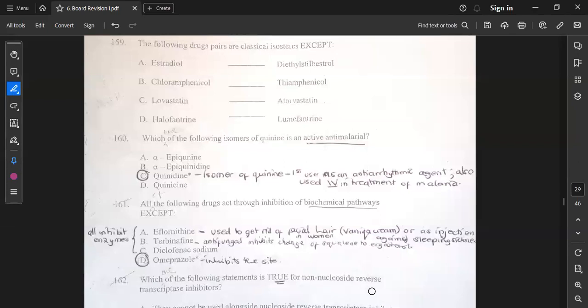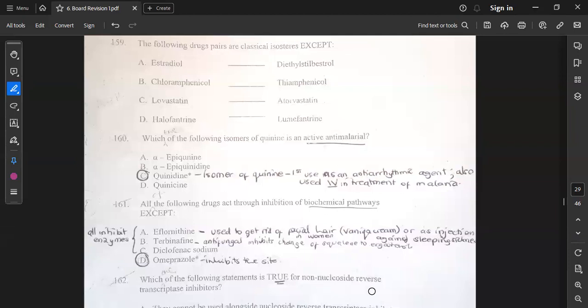Thank you for that. All the following drugs act through inhibition of biochemical pathways except: eflornithine, terbinafine, diclofenac, and omeprazole. What is the mode of action for each of these? Diclofenac: COX inhibition.